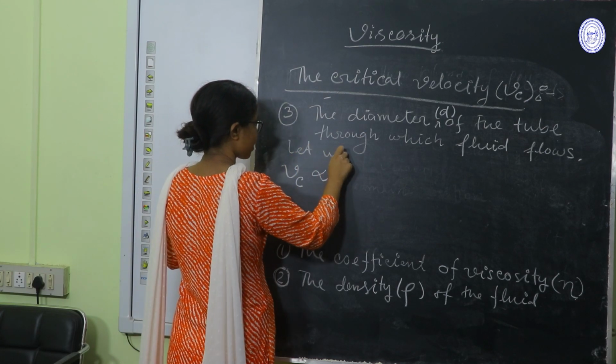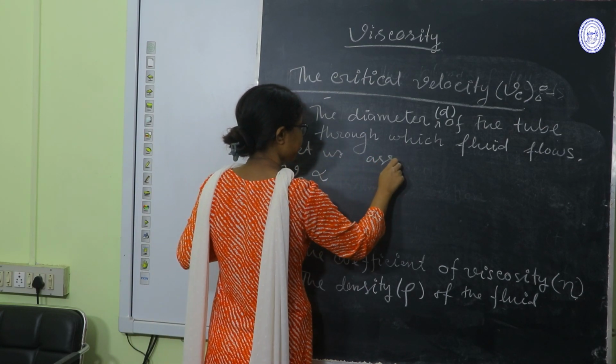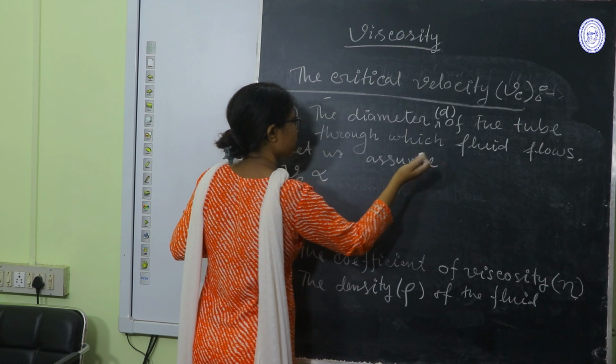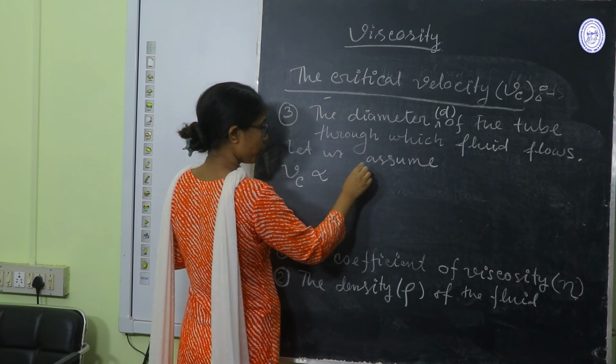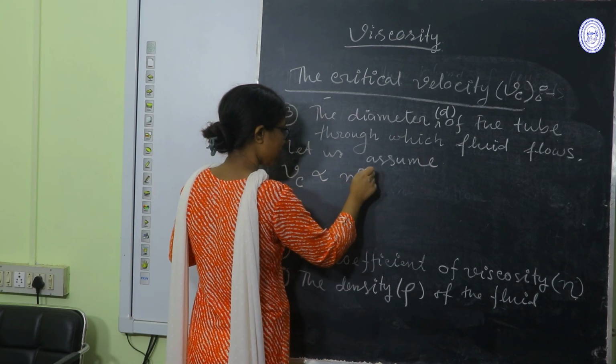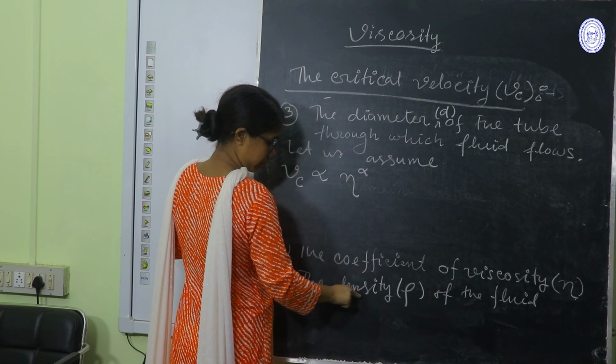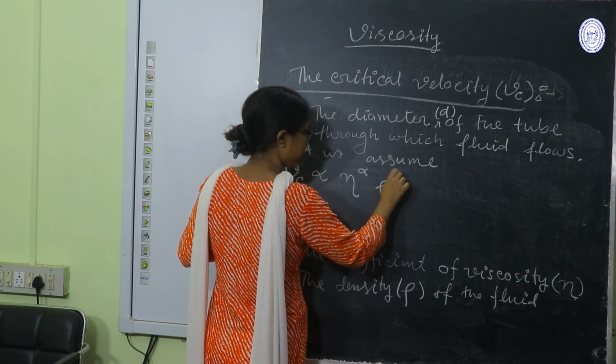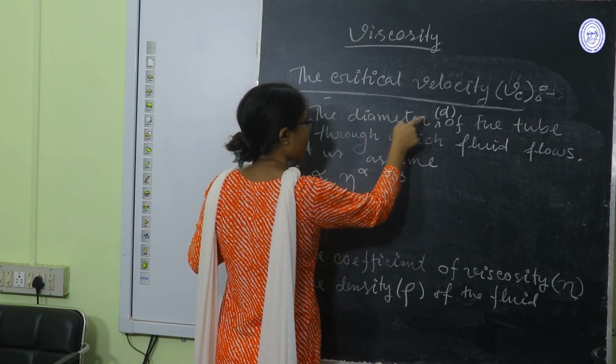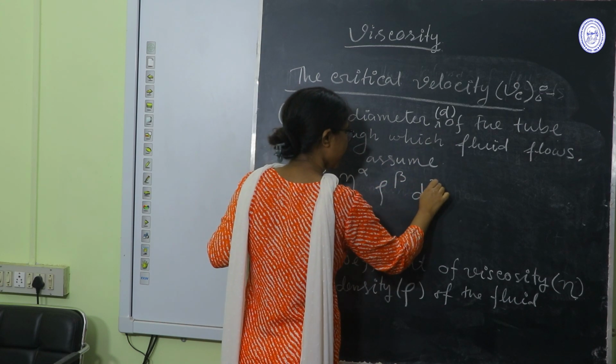Let us assume Vc is proportional to eta to the power alpha, the density rho to the power beta, and d, the diameter of the tube, d to the power gamma.